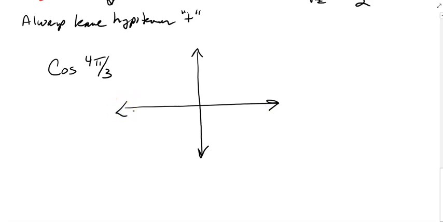All right, where's 4 pi over 3? 3 pi over 3 gets me to here because that's just pi. 4 pi over 3 is a little bit beyond that. So this is 4 pi over 3. And how much over? Well, it's another pi over 3. So my theta prime equals pi over 3.